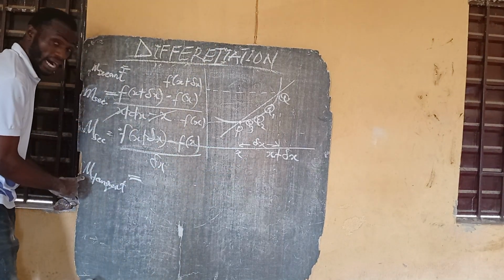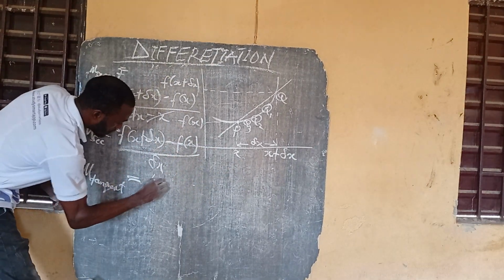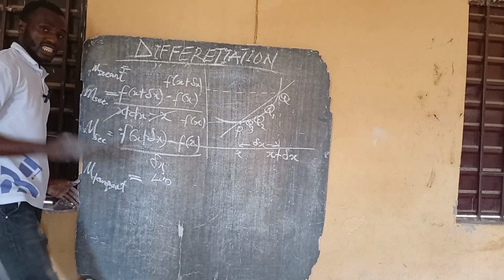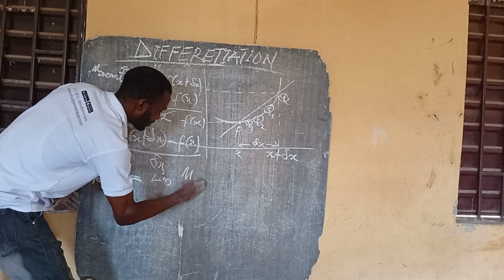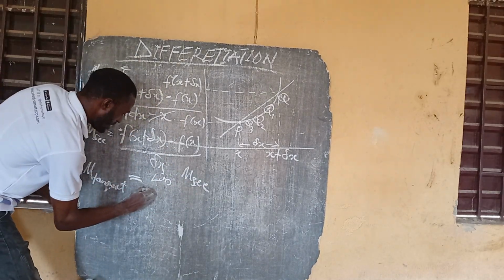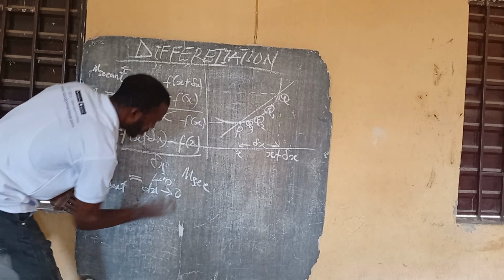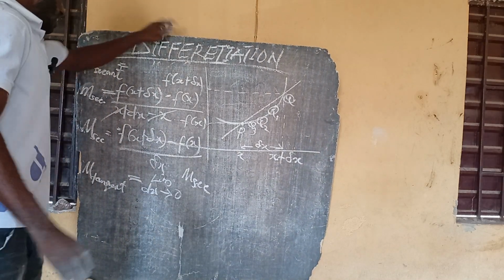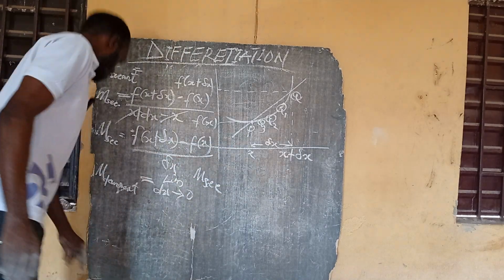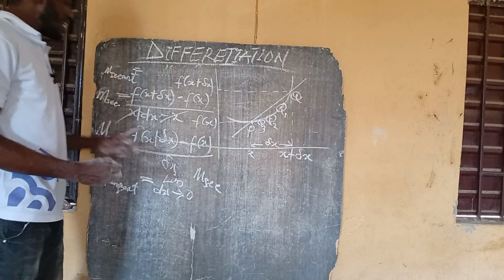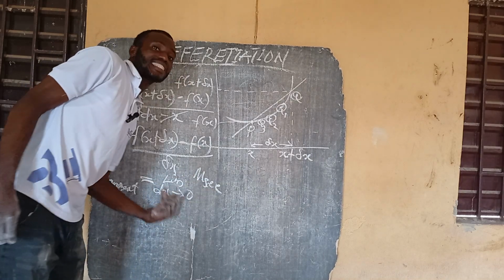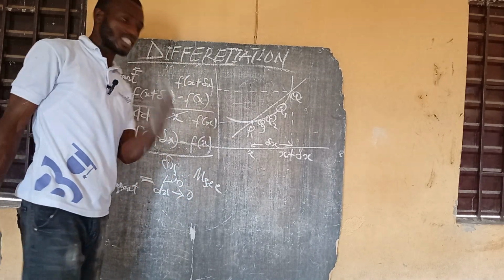So our m tangent is going to be the limit that our m secant approaches as dx approaches 0. Does that make sense to you? Our m tangent, the slope of the tangent at P, is going to be the limit of the slope of the secant as dx tends towards 0.